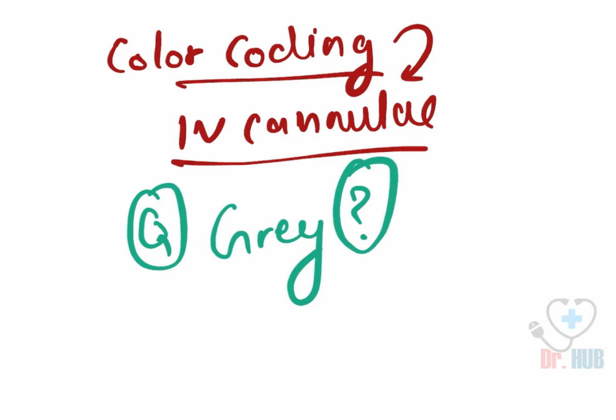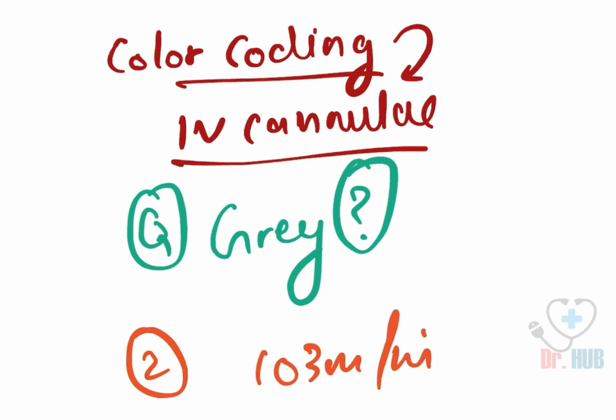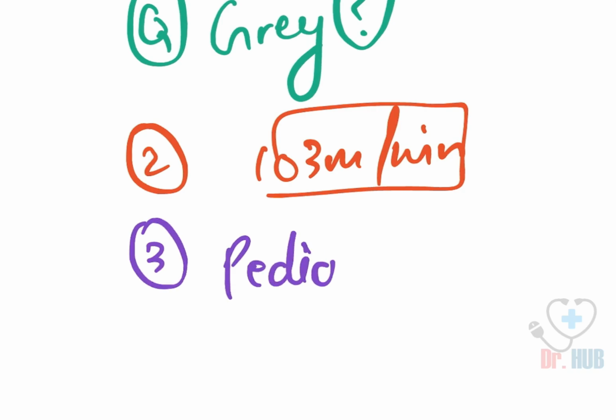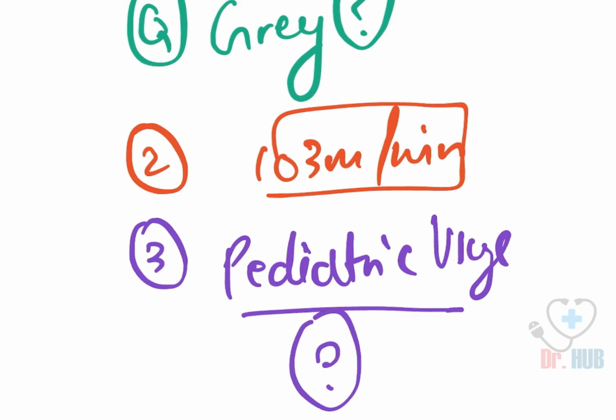Next question: 103 ml per minute flow rate is achieved by which color code? Third one, in case of pediatric usage, it's a favorite question, which size is used? We'll find out the answers to all these questions and learn a lot more.